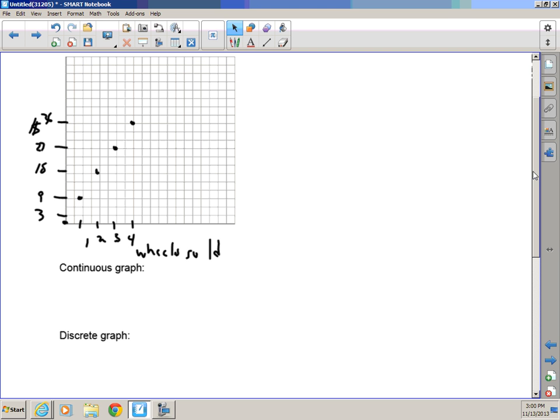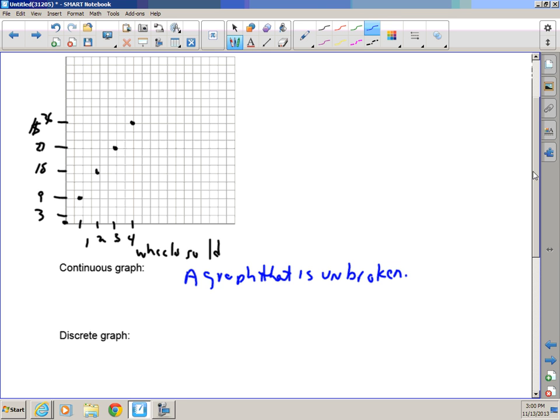Or the number of people doing something. I don't have partial people. So a continuous graph is a graph that is unbroken. That's like the first one that we just saw with the milk and the weight of the cheese. I can connect the dots there because I can have points in between that work.